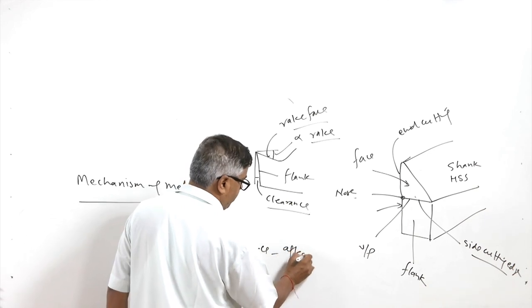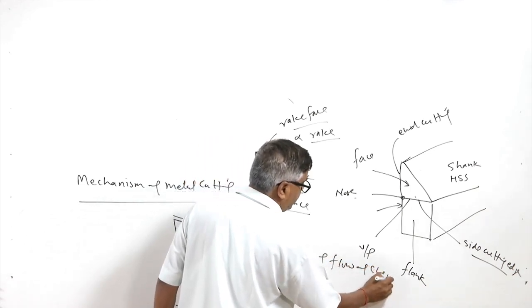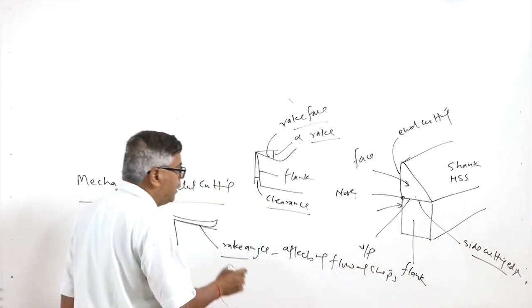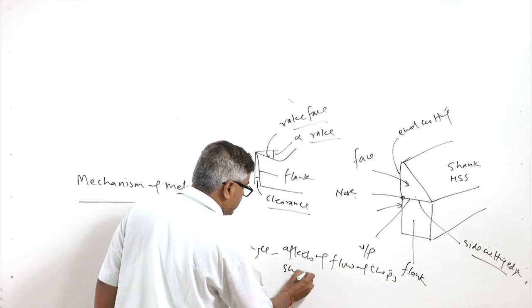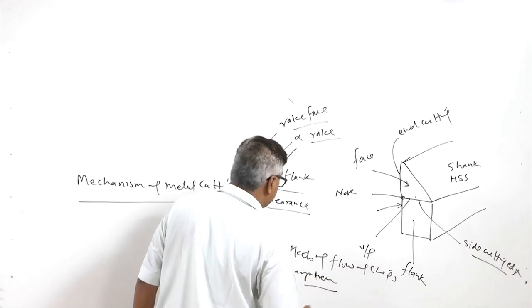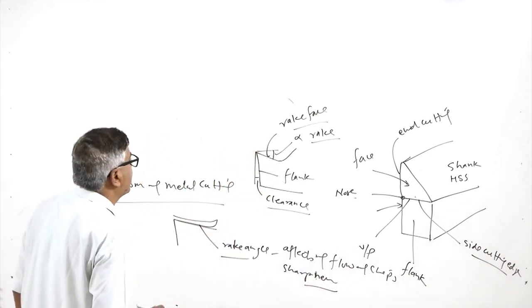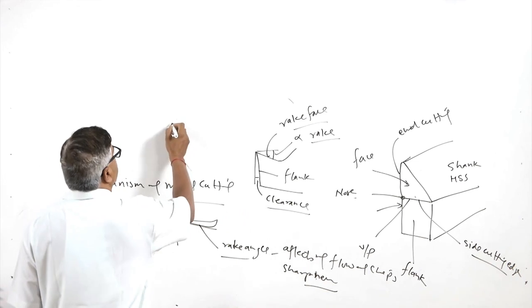So, basically the rake angle affects the flow of the chips over the face after removal, and second, it also affects the sharpness of the cutting edge. The rake angle may be positive or negative, depending upon the inclination of the face of the tool.